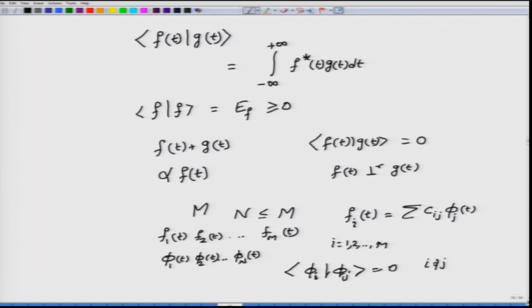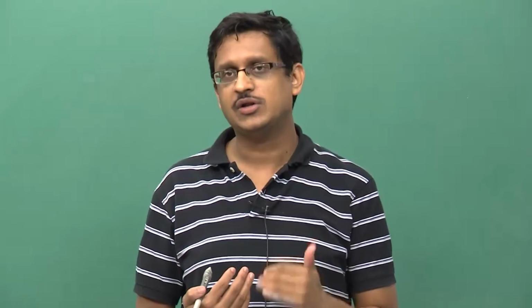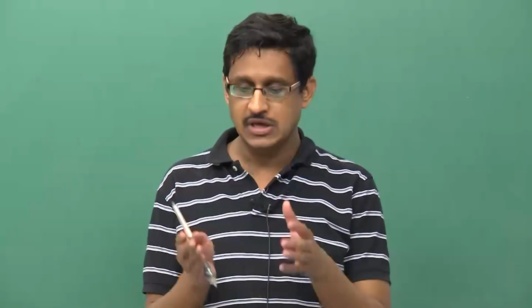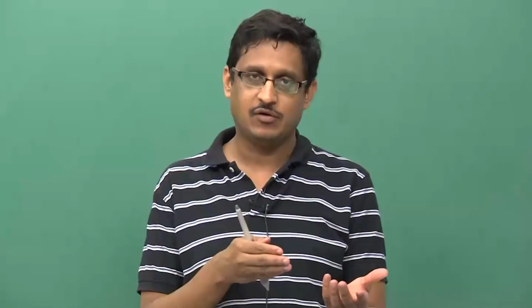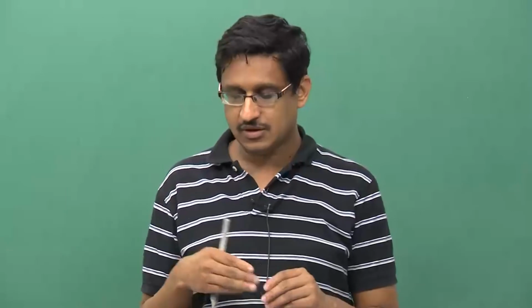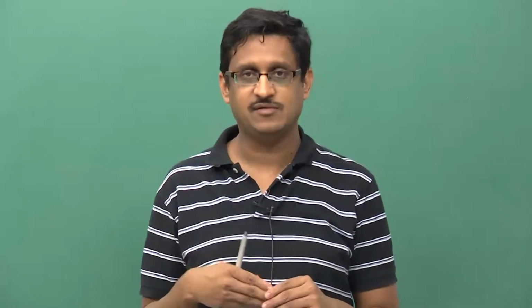So, if i is not equal to j, then these two will be equal to 0, and of course, we know that these signals are then called orthogonal to each other, but because their energy is actually equal to 1, they are also called orthonormal, and because in terms of these orthonormal functions you can express any other signal f of t in the same class of functions of finite energy, these are called orthonormal basis functions.